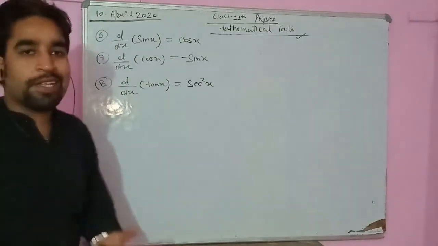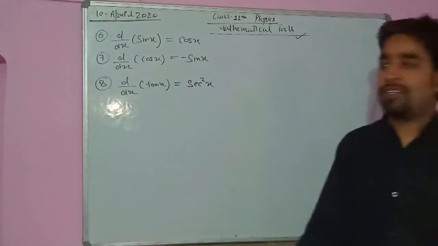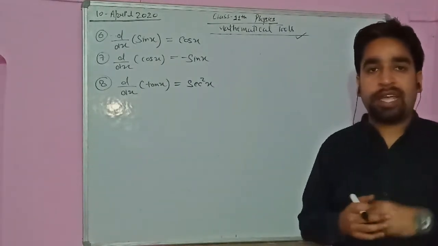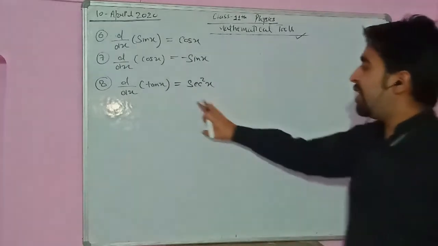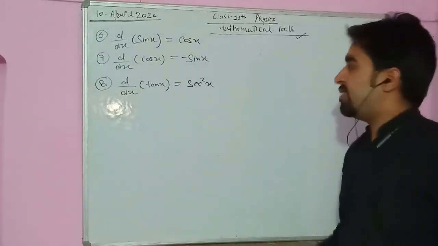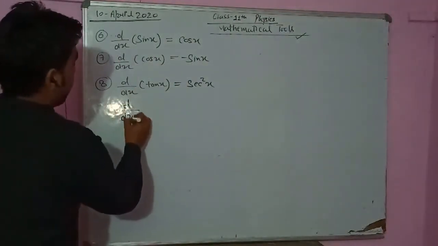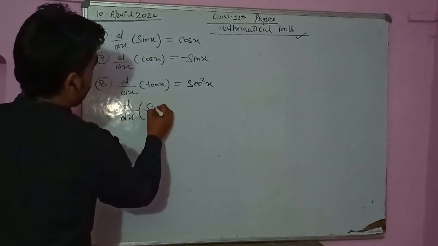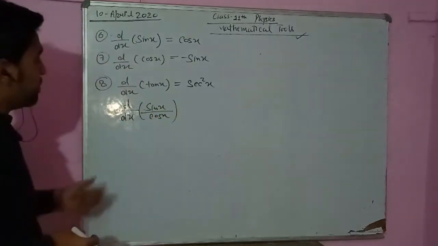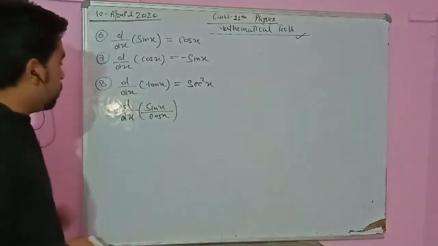Might be you are thinking, sir, everything has to be learned, and we can't solve or derive any of the identities we are learning. So I am going to prove that d upon dx tan x is sec square x. Can we write tan x as sin x upon cos x? Obviously we can, you must have studied this in trigonometry in class 10th. So tan is the ratio of sin and cos.